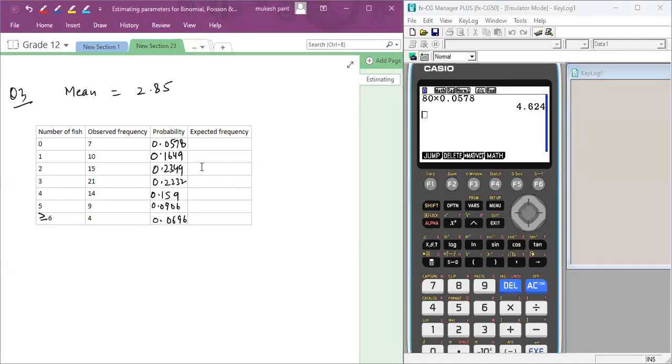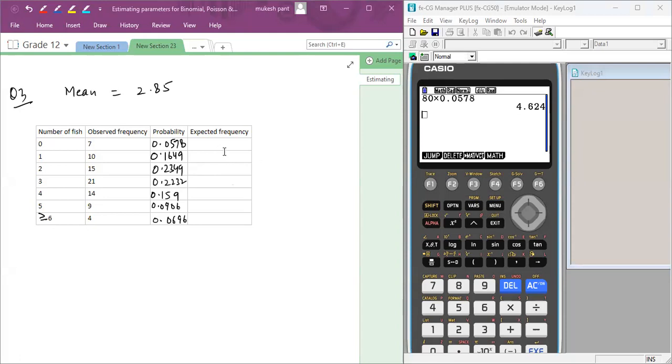So we have got all the probabilities, and now we have to find the expected frequency. As you can see in the question, there are 80 anglers, so total outcomes are 80.